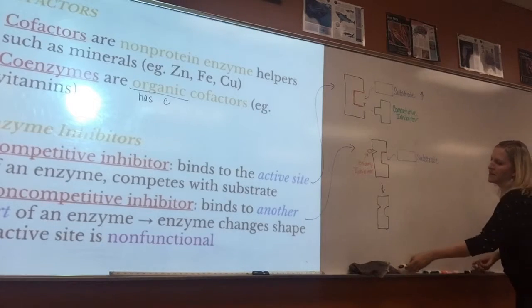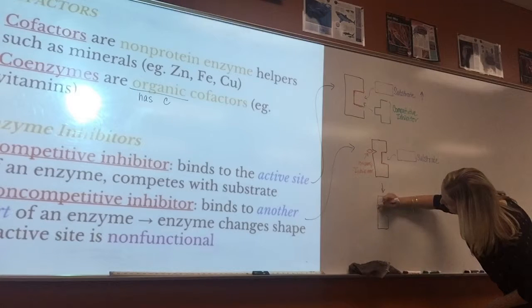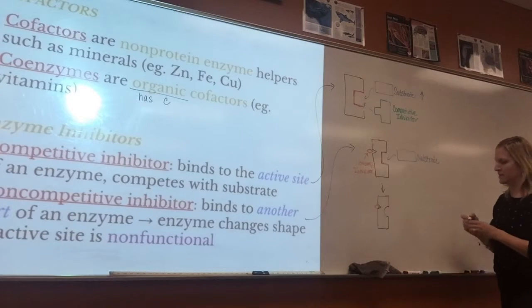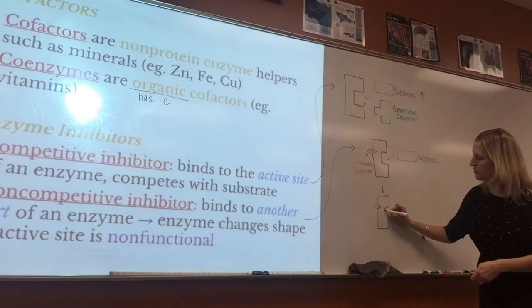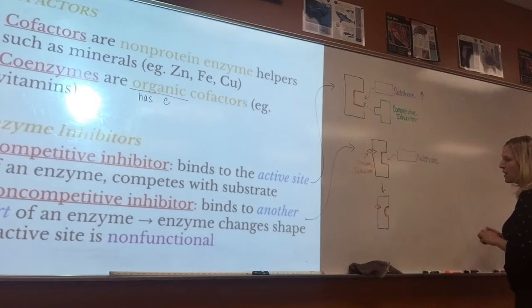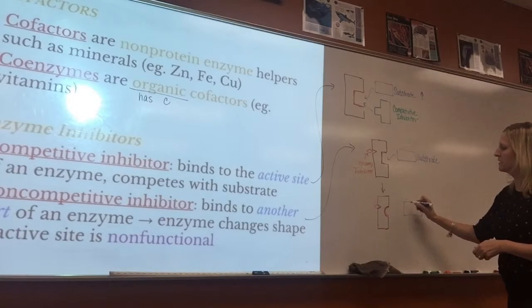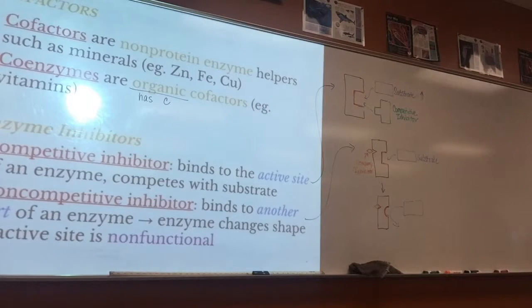So now here's your non-competitive inhibitor bound to that site still, but the enzyme has changed shape, and the active site has changed shape. So now our substrate cannot bind, and therefore we also lower the rate of reaction in that case.